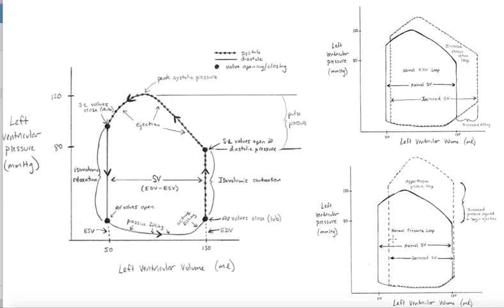And of course, they have to be equal because the two circuits feed each other. Go right back to that very first video where one circuit feeds the other. So they have to have the same output. Otherwise, over time, blood would be backing up into one of those circuits, which is generally the pulmonary, because it's the low pressure circuit that's got more, quote unquote, give to it.